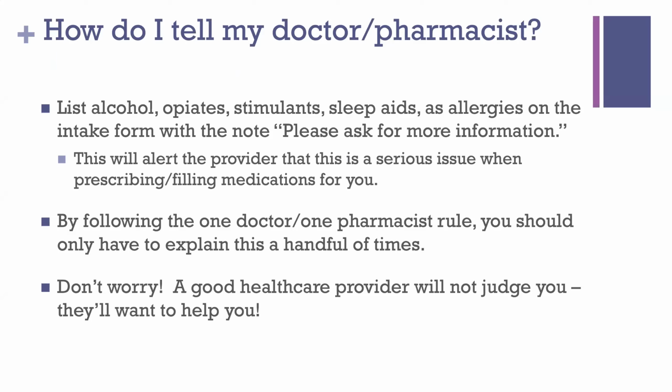This will alert the provider that this is a serious issue when prescribing, filling medication for you. By following one doctor, one pharmacist rule, you should only have to explain this a handful of times. Don't worry. A good healthcare provider will not judge you. They'll want to help you.